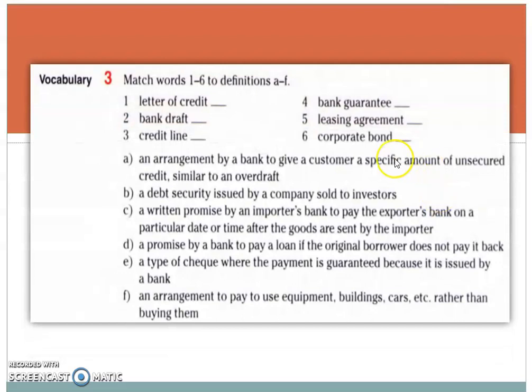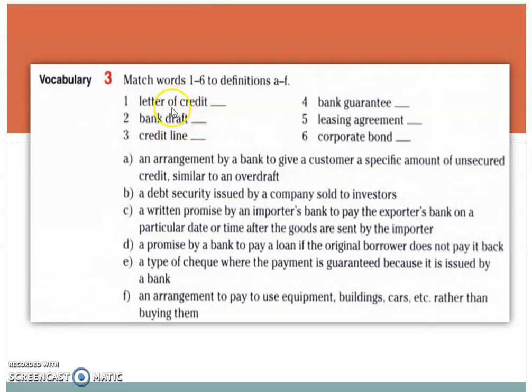So you are going to match words 1 to 6 to definitions A to F. So these are the 6 words that I think all of them have been discussed a while ago. So if you're just watching this video, you can easily answer this one.